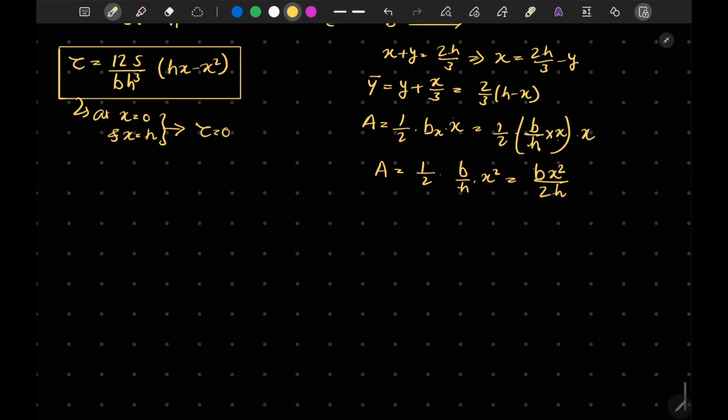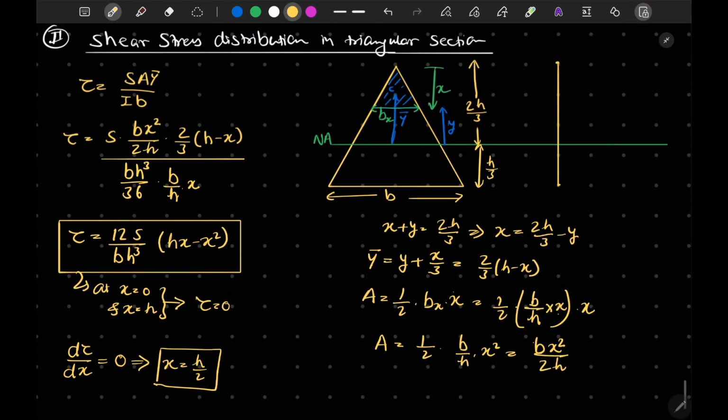Now to calculate our maximum shear stress, we will use del tau by del x, so d tau by dx, and that can be substituted equal to 0. From here we will obtain our value of x is equal to h by 2. So at x is equal to h by 2, our shear stress is maximum.